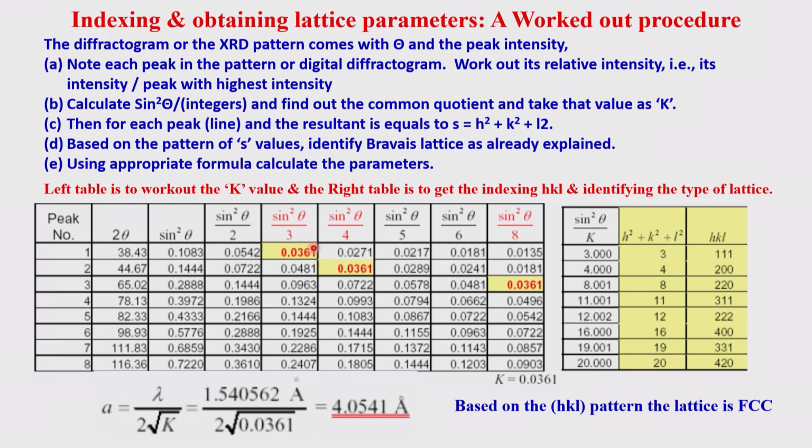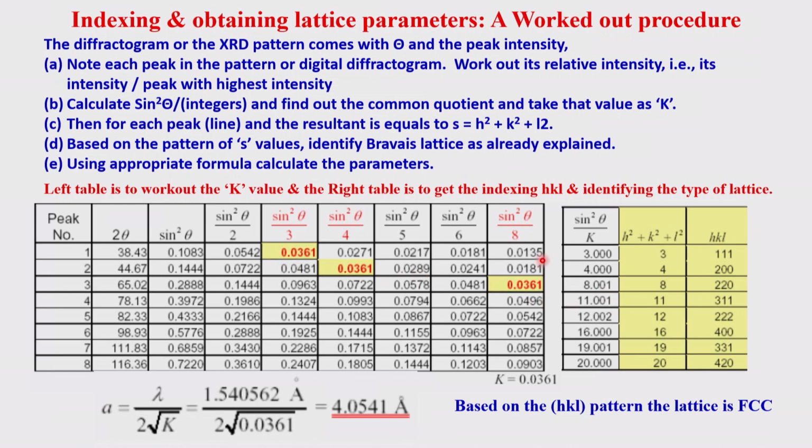So 2, 3, 4, 5, 6, and identify the minimum value in each of these. 0.0361 is common across all this. Therefore, this is taken as a quotient. That is the k value.